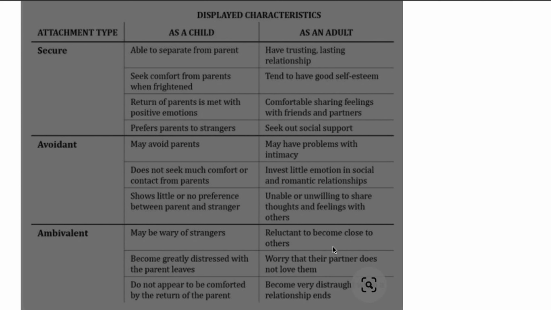Okay, then there are types of attachment. In the attachment theory of child development, the following types of children are defined: secure, avoidant, and ambivalent. You can study it in detail.